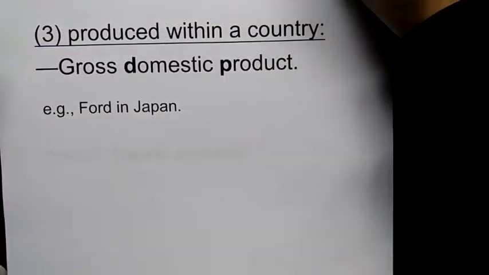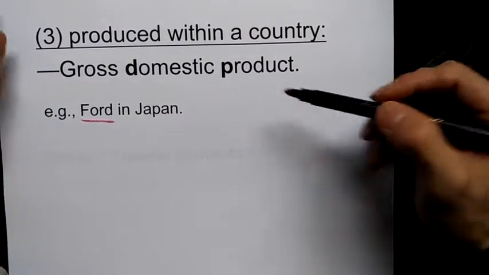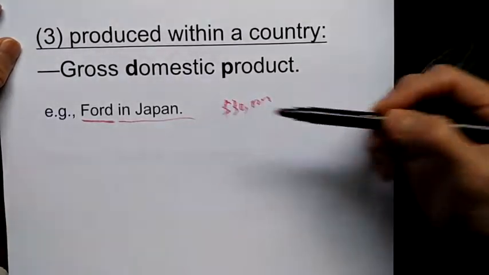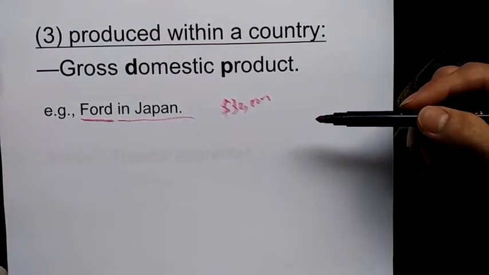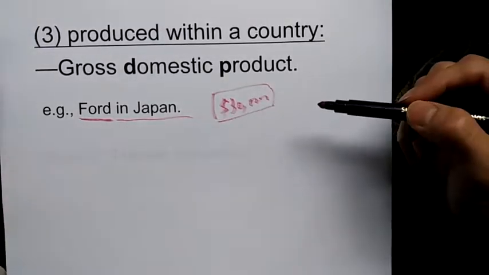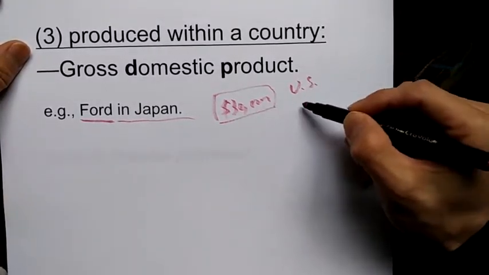Say, for example, a Ford F-150 is sold for $30,000 in Japan. Are those $30,000 included in the nominal GDP of the US or Japan?